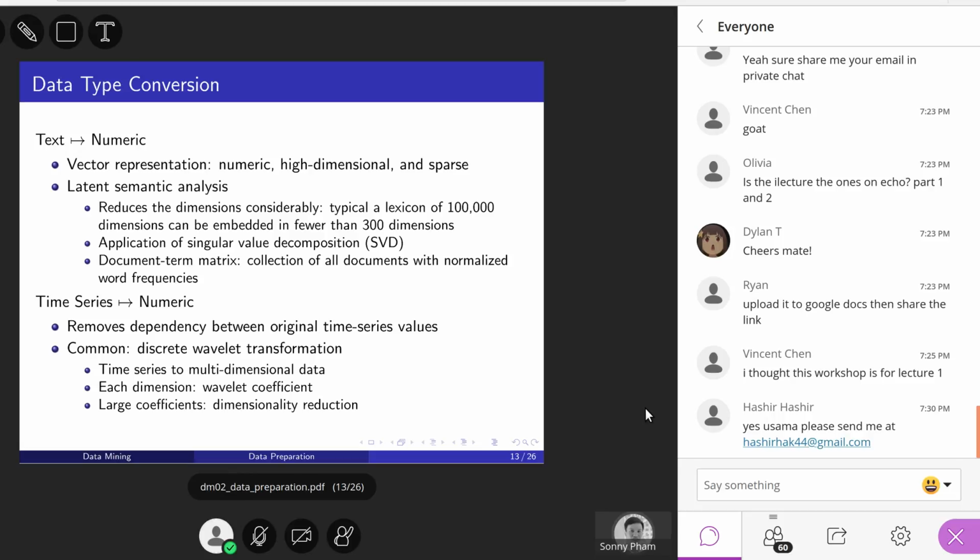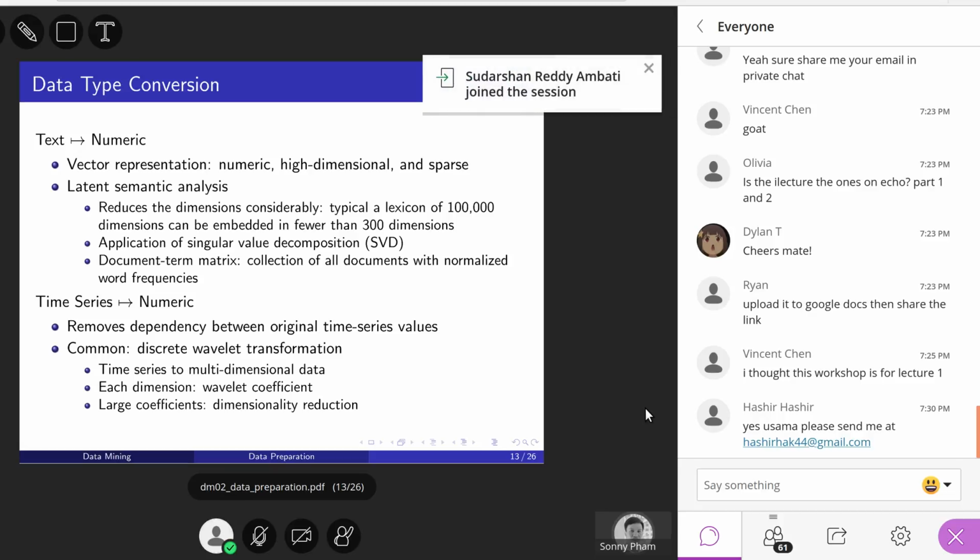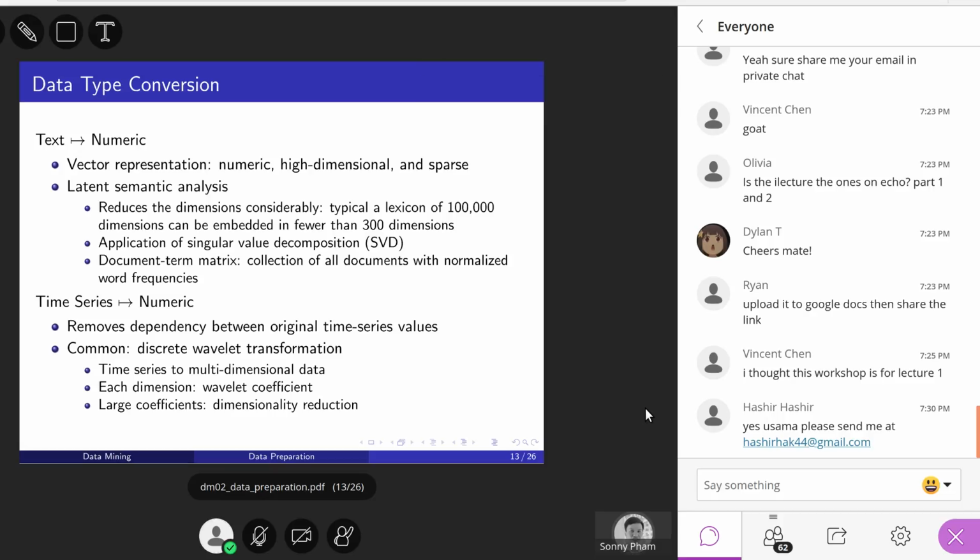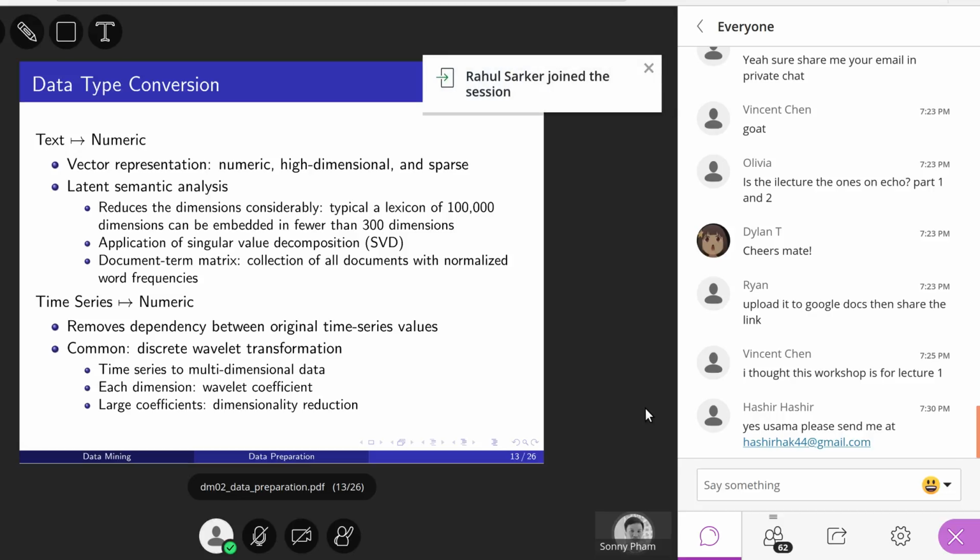Time series to numeric. What we are typically trying to do is to remove the dependency between original time series values. So, as I said before, when it comes to time series, we need to use some sort of transform. Transform means that we can capture the variations of data over time. Things like Fourier transform or wavelet transform could be used to capture the variation in an efficient way.